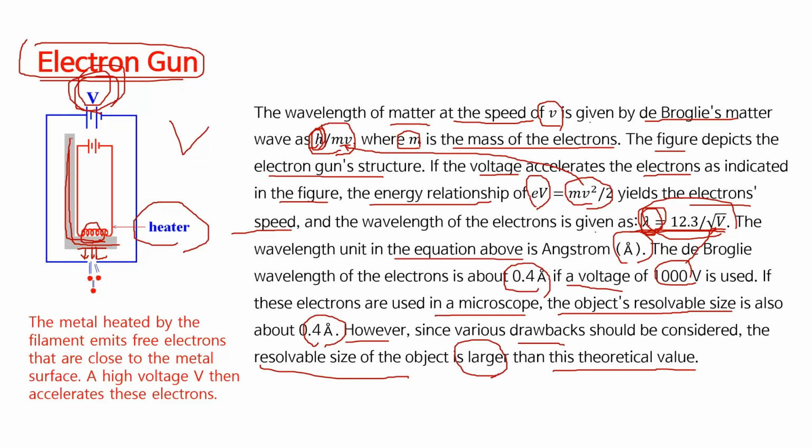Okay? So the metal heated by the filament emits free electrons that are close to the metal surface. A high voltage V then accelerates these electrons.